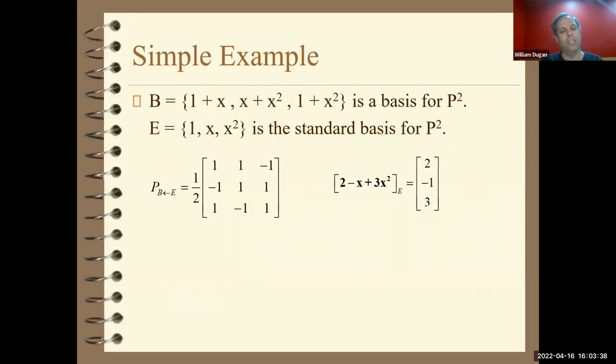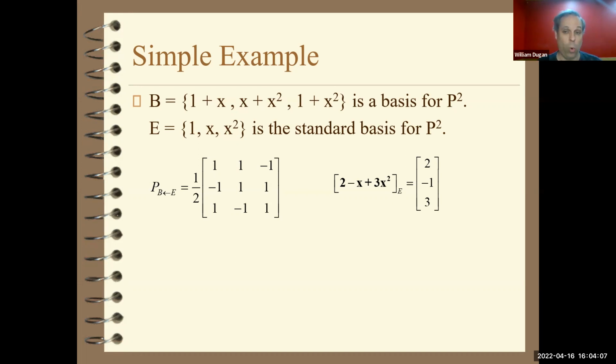Give me some numbers. So suppose we have that change of basis matrix that goes from the standard basis into the basis B for the two bases that I've given you previously. The vector 2 minus x plus 3x squared relative to the standard basis, its coordinates are 2, -1, and 3. 2 times 1 minus 1 times x plus 3 times x squared. That's the vector 2 minus x plus 3x squared.